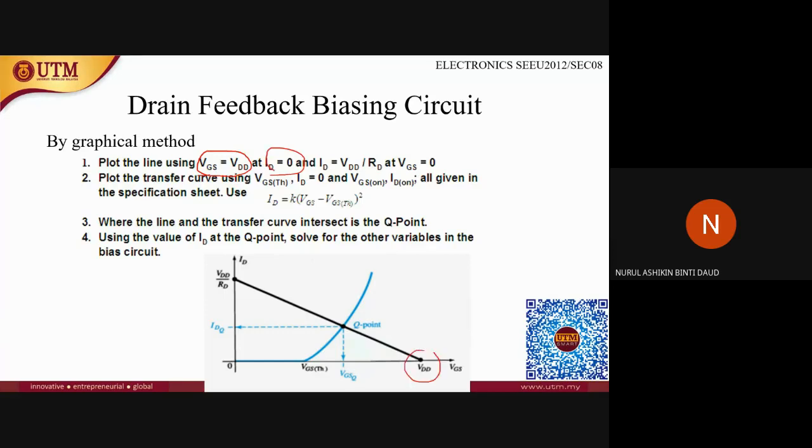At this point, VGS is equal to VDD, so you will get the x-axis intercept. And then for the y-axis intercept, it is when VGS is equal to 0, ID is equal to VDD over RD.